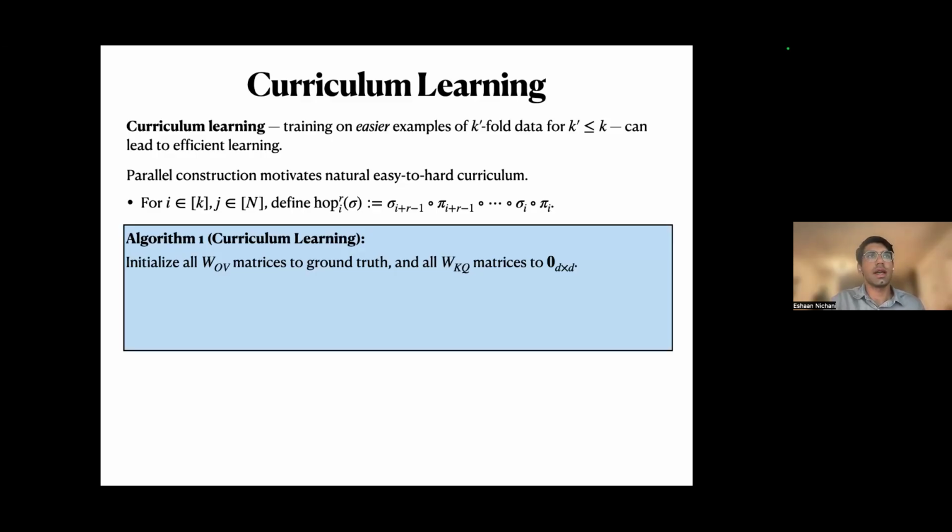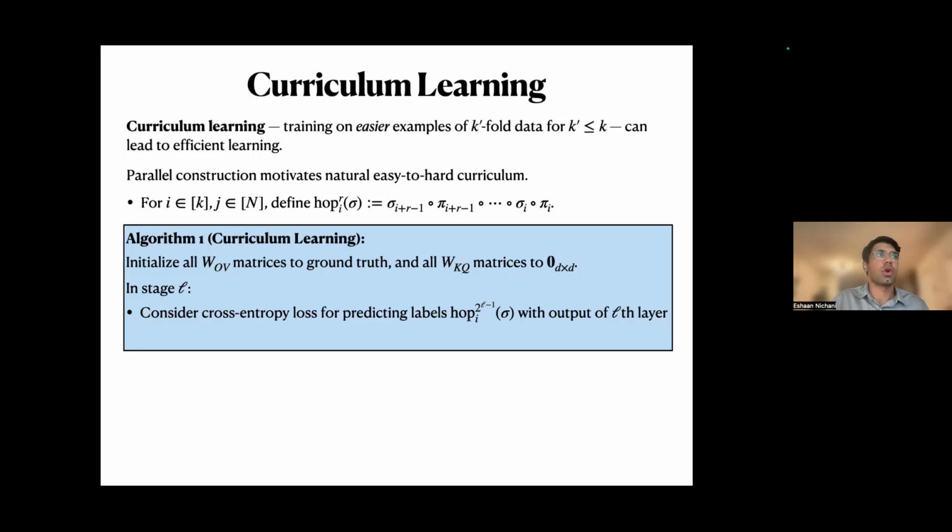We're going to initialize all of the output value matrices to just be their ground truth, and only consider training the key query matrices via gradient descent. In each Lth stage, we're going to consider the cross entropy loss of predicting the hop 2 to the L minus 1 function using the output of the Lth layer. And we're going to take a single gradient step on all of the key query matrices for predicting this label.